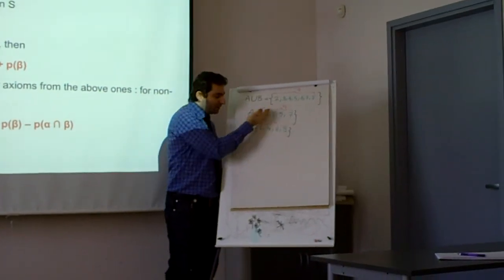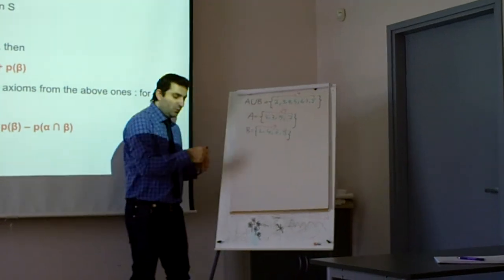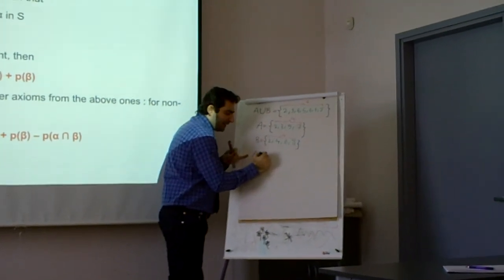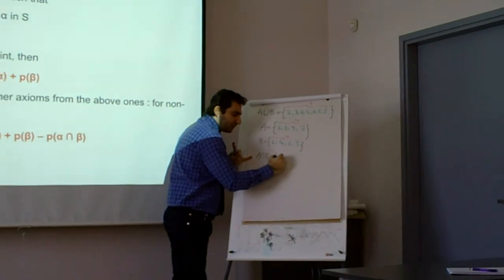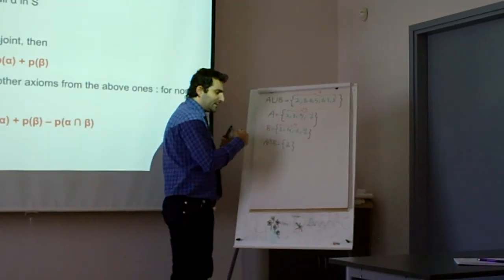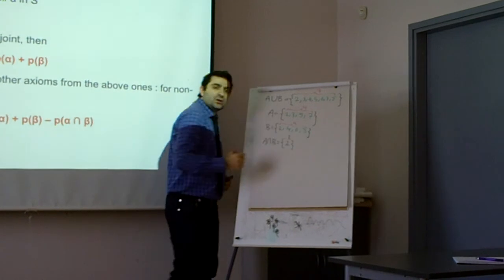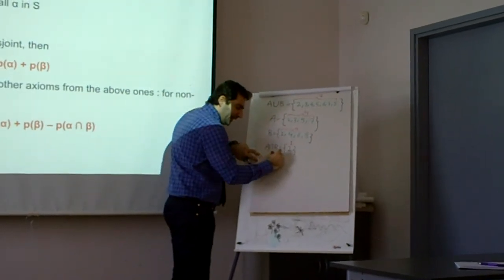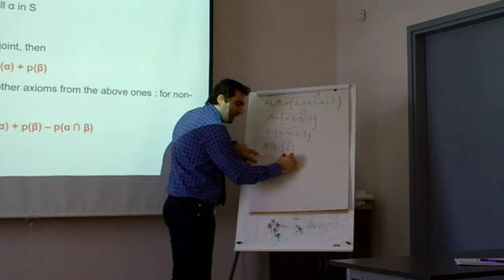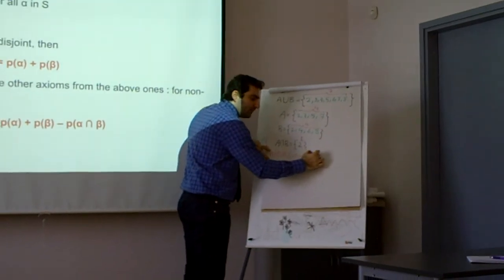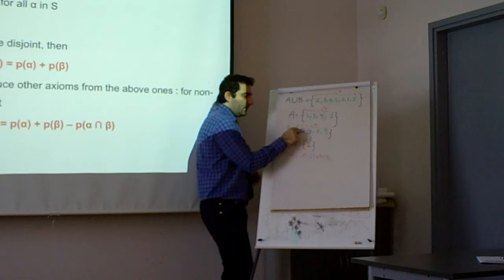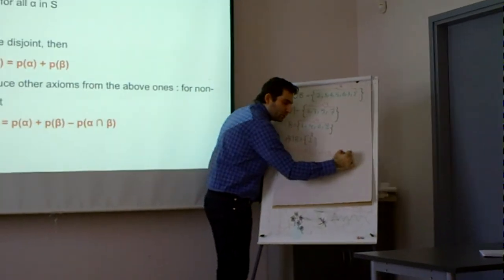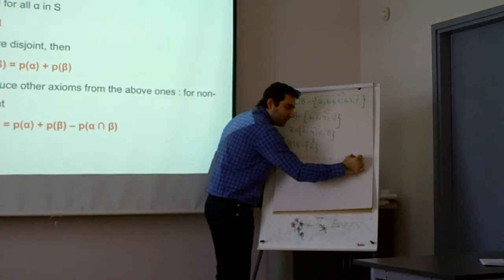But how many of them are repeated ones? So I have to remove it. In other words, A and B together is number 2, which has one element. So it means that the total number of A or B is the total number of A plus the total number of B, but some of them are repeated, minus those repeated ones.